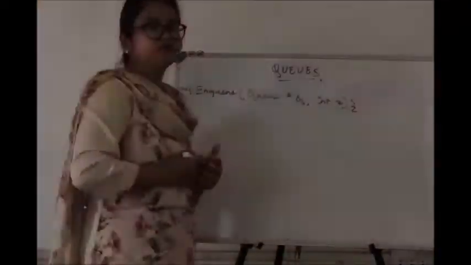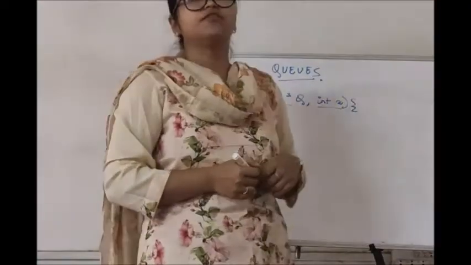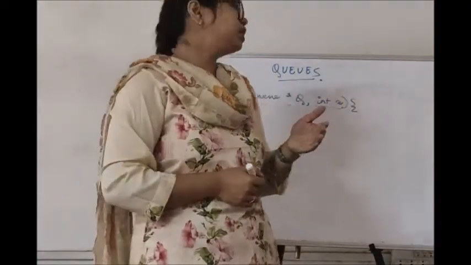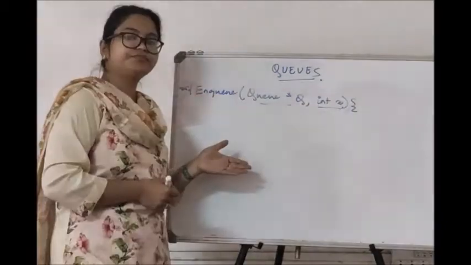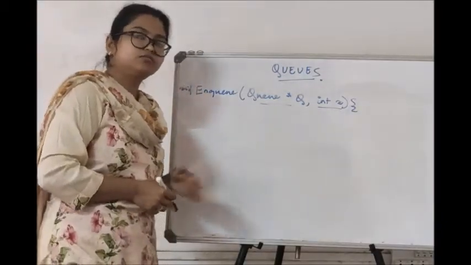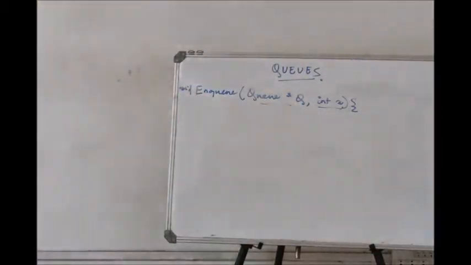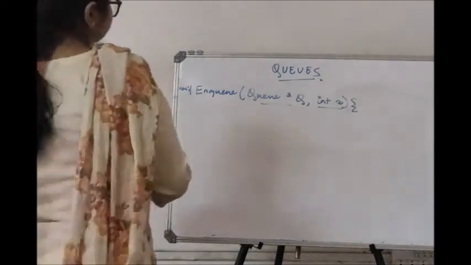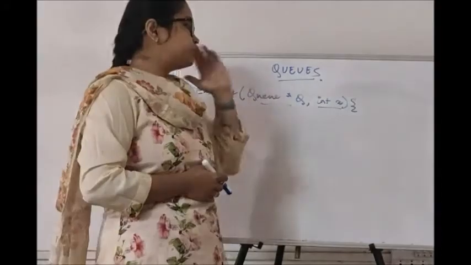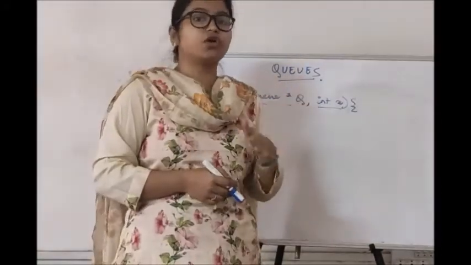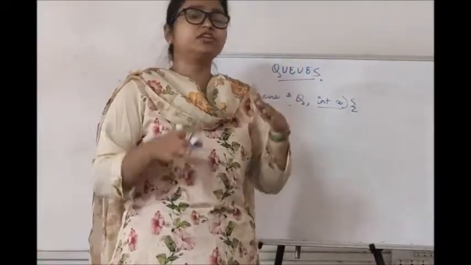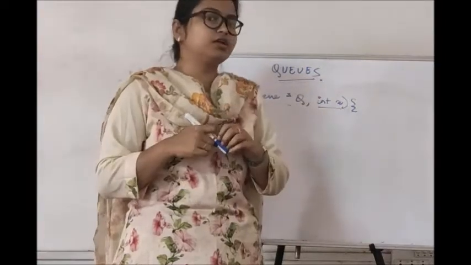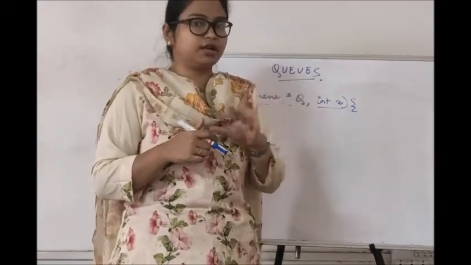Now for NQing, what we have to check? We have to check whether the Q is already full or not. If it is already full, we cannot further NQ into it. We cannot insert an element into it.